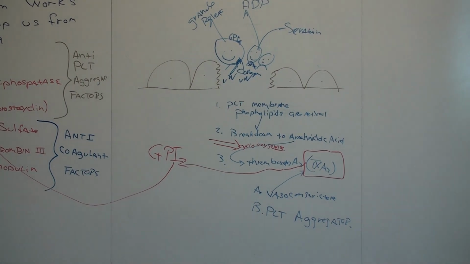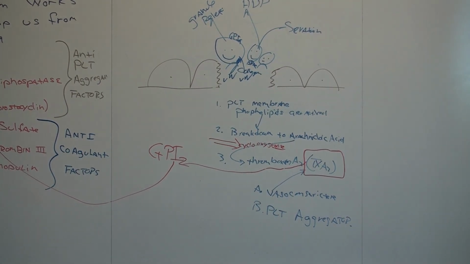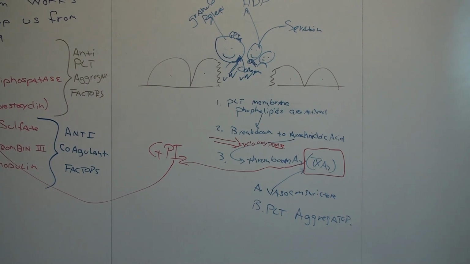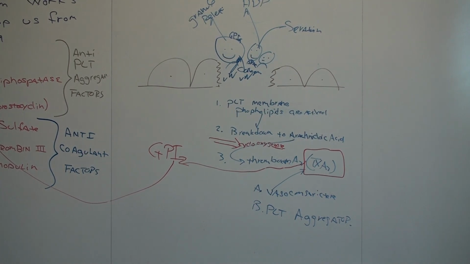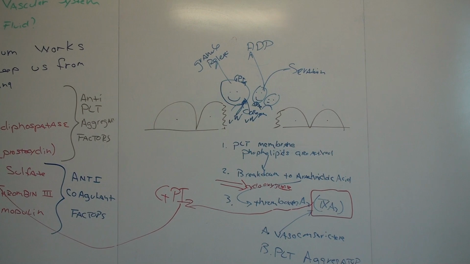Thromboxane A2 is a vasoconstrictor and a platelet aggregator. So if I interfere with arachidonic acid going to thromboxane A2 by taking aspirin, then my platelets can't aggregate and they can't get sticky. So that's how that works.